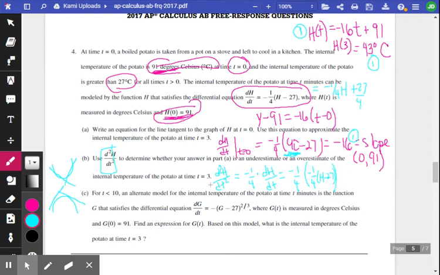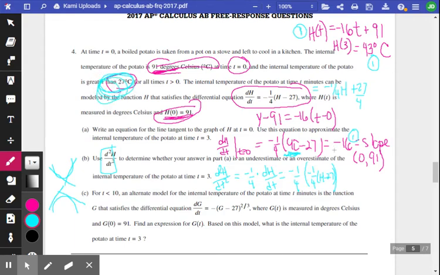The time is 3. I don't know the temperature of this potato when the time is 3. I just know what the estimate is. The estimate is up here at 43 degrees. But I do know that the potato will never be less than 27 degrees.